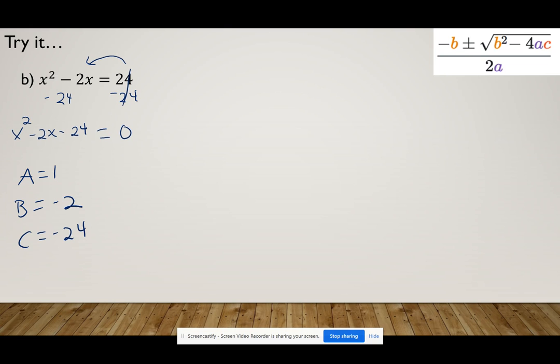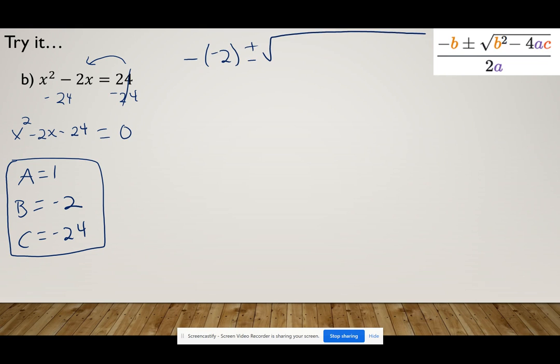Okay, so let's go ahead and substitute these values right here into our quadratic formula. Okay, so the opposite of our B value, which is negative 2, plus or minus the square root. B again is negative 2 squared minus 4.